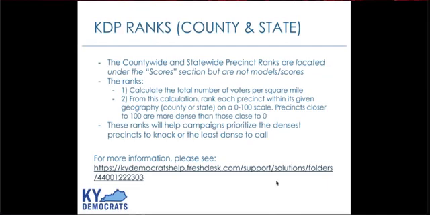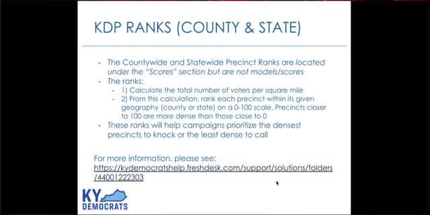And these ranks are going to be things that are helpful to campaigns when it comes to prioritizing the densest precincts that they want to knock. If you're in a very urban area, or even an area that's urban, suburban, and rural, you could say, hey, I want to knock the most dense precincts. I want the precincts that are in the 75th percentile rank or higher to go knock.